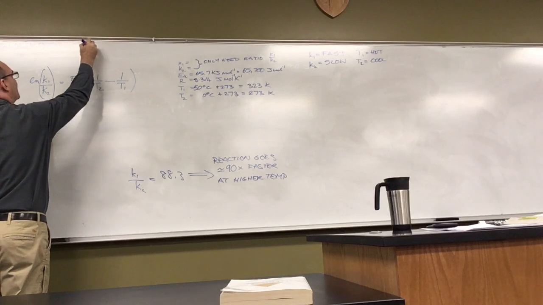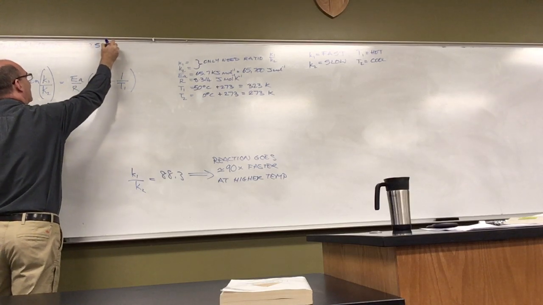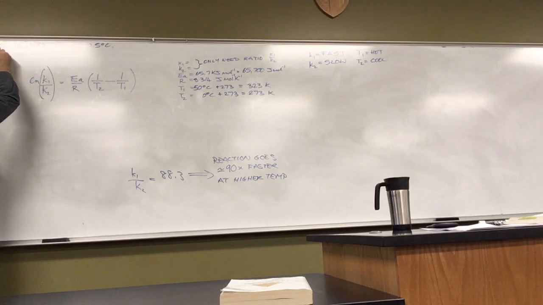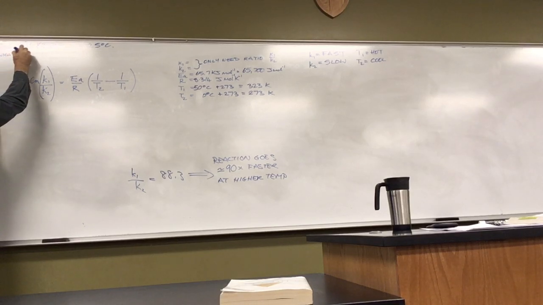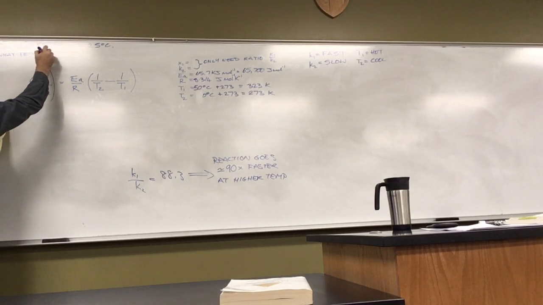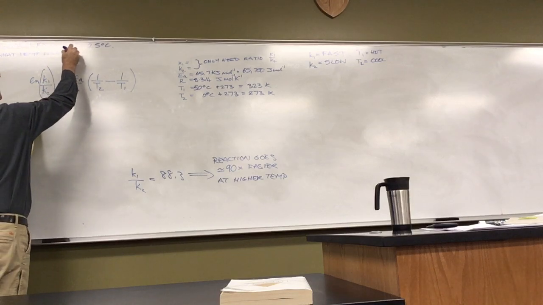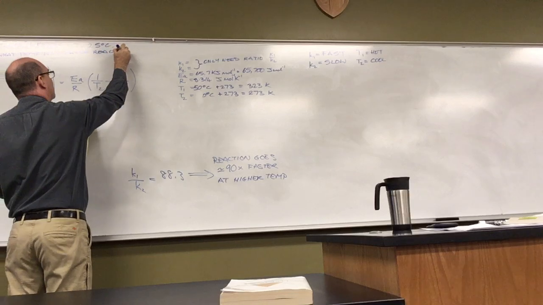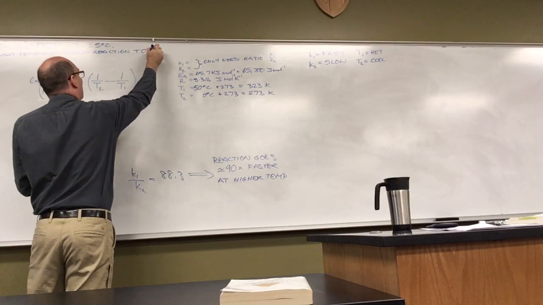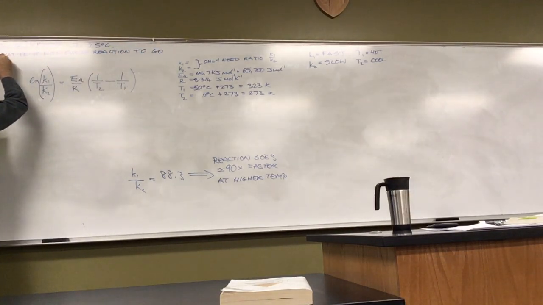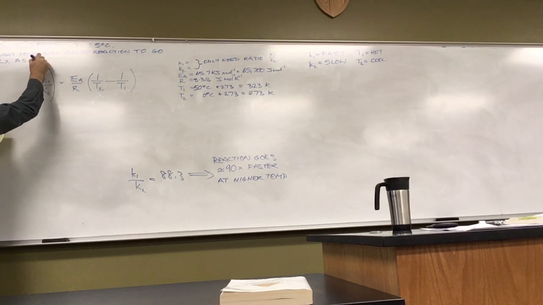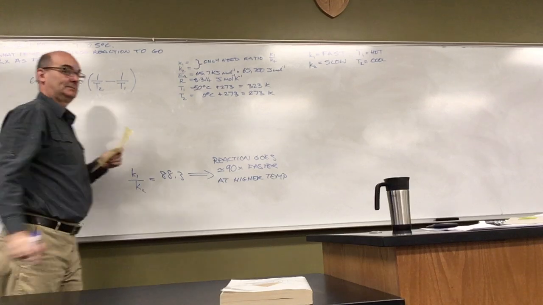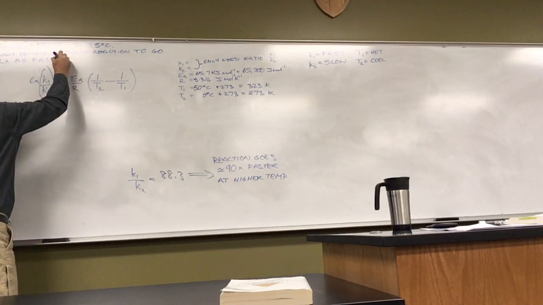And the temperature is 25 degrees Celsius. What temp will cause the reaction to go twice as fast?